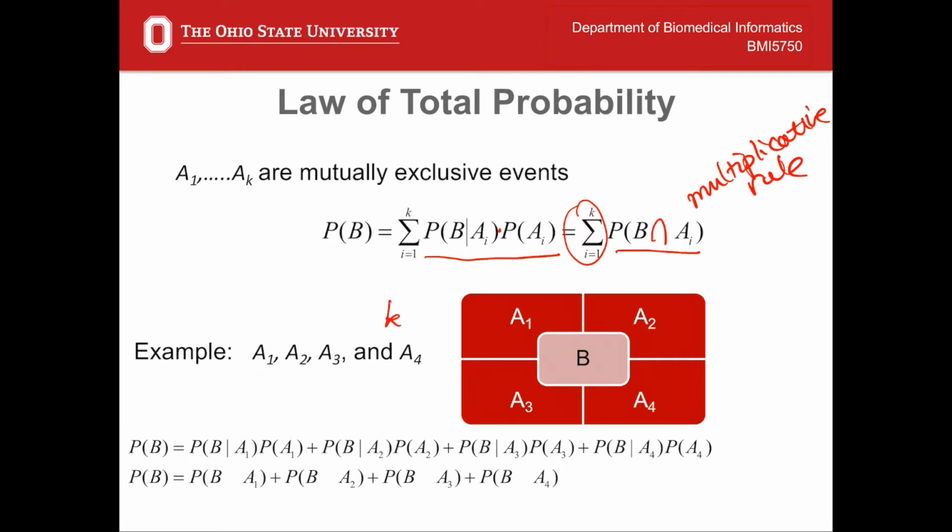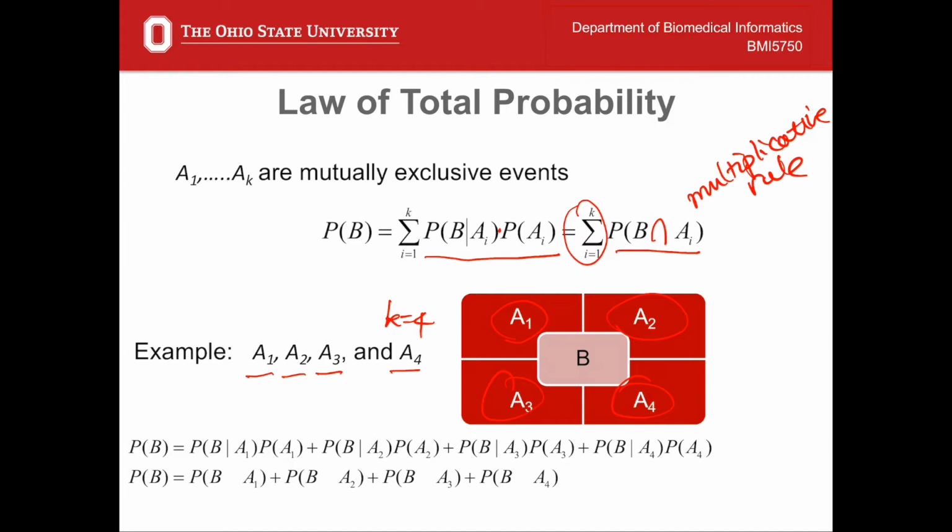Here, for example, say we have K equals 4. Then we have 4 mutually exclusive events, A1, A2, A3, A4, and we show it in this figure. A1, 2, 3, 4 have no overlap, and they are 4 mutually exclusive events.